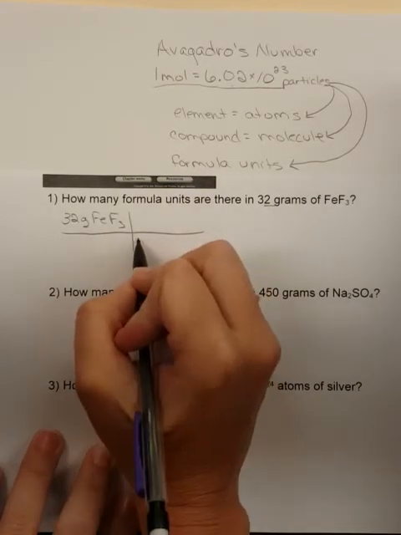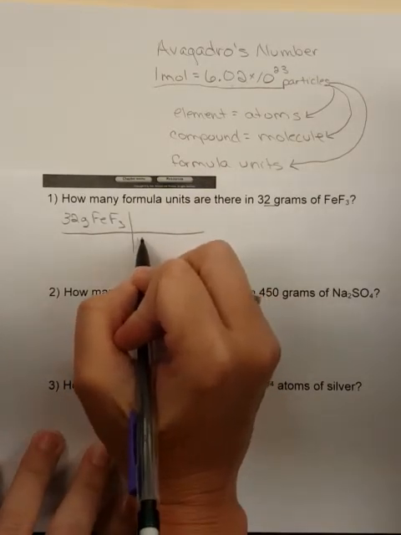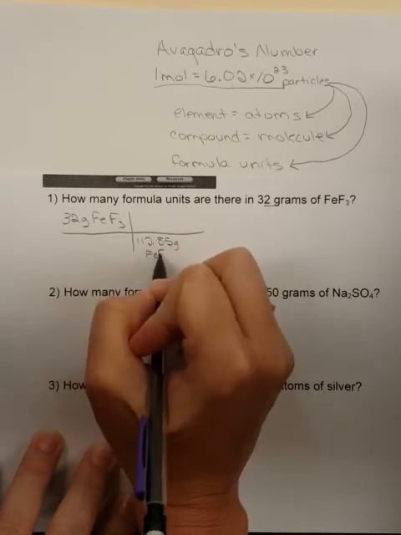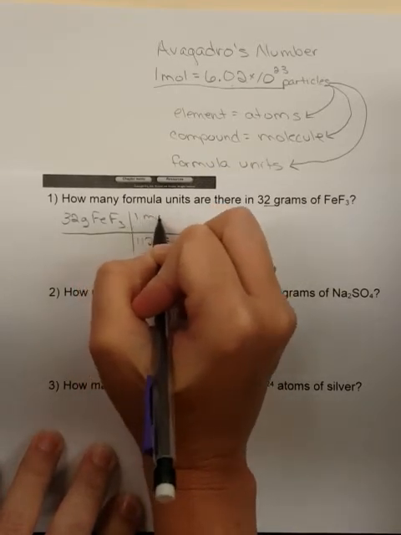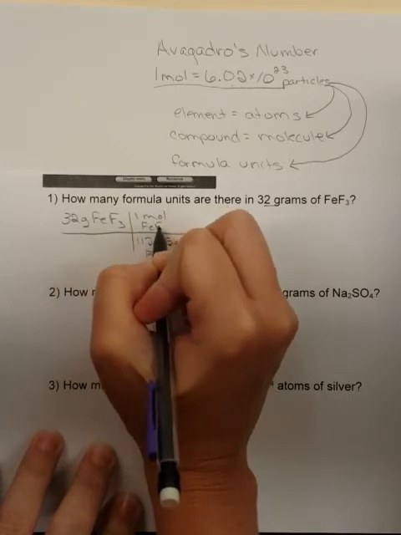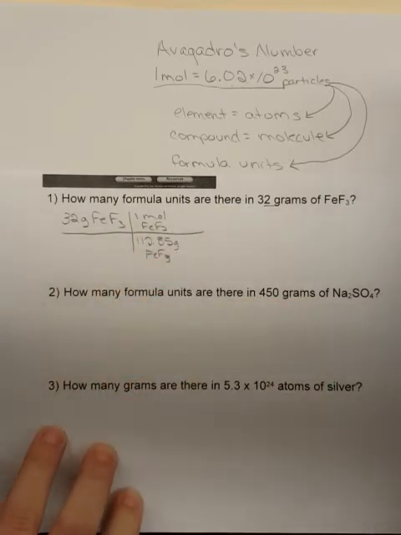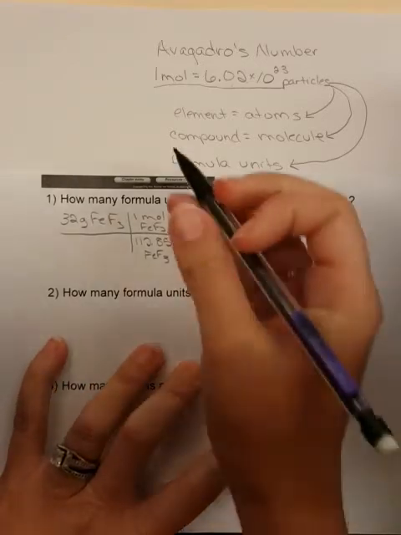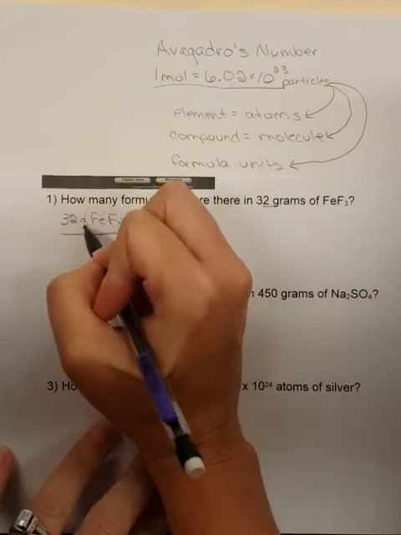So that's where we put our 112.85 on the bottom, and we put our 1 mole FeF3 on top. Now, the question doesn't ask for our answer in moles like the last sheet. It asks for formula units. So we can't stop. We have to do another step. But we do know our grams cancel.